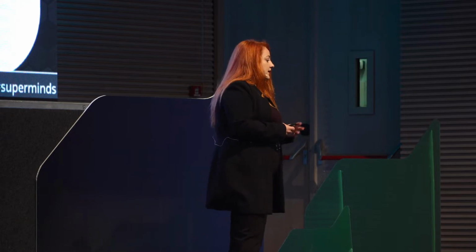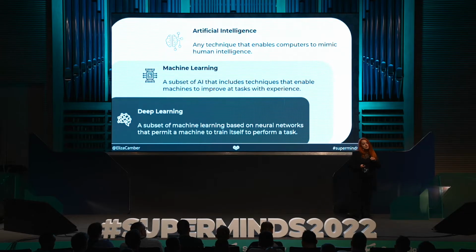So machine learning is a subset of AI, and it includes techniques that enable machines to improve at tasks with experience without a person to program them explicitly. And then we have deep learning, which is also a subset of machine learning, and it's based on neural networks.